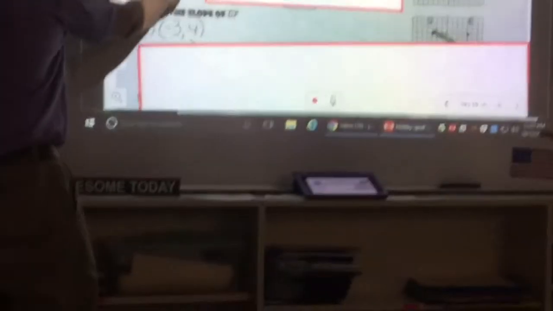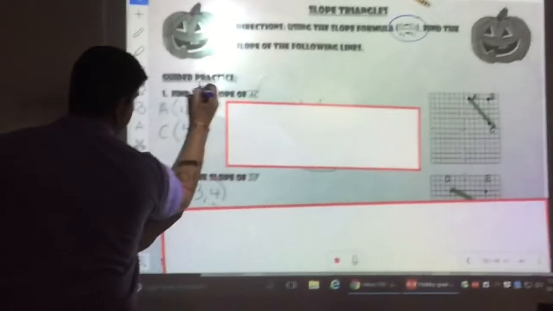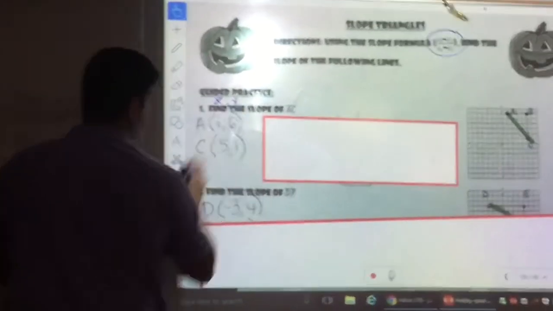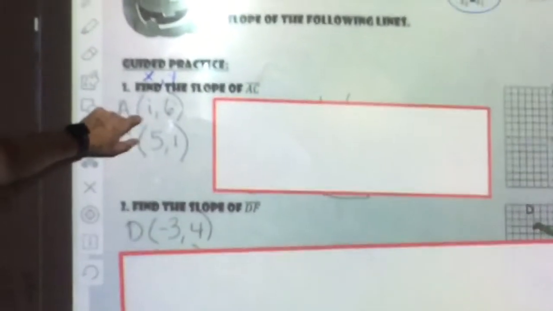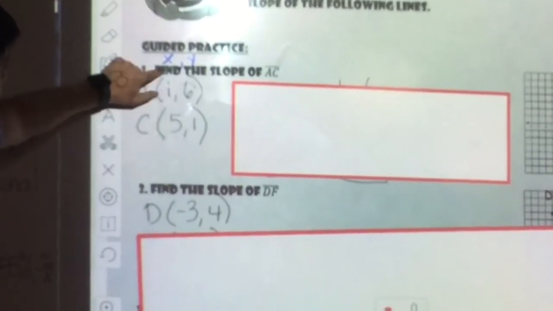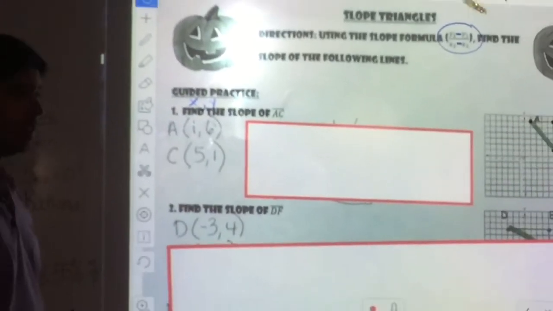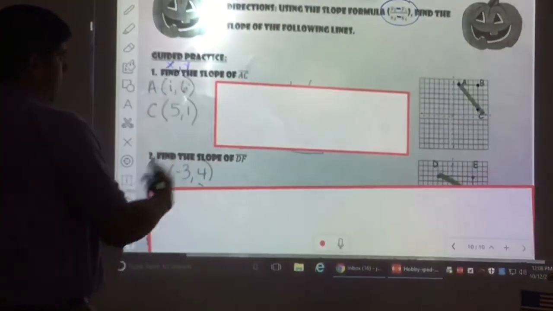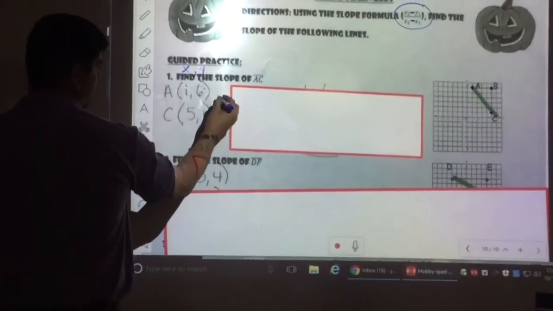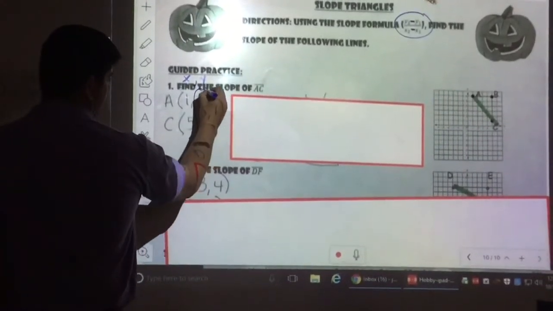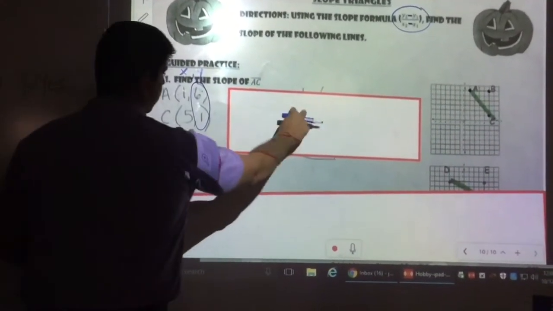Well, we have the 2 points. Now, from these points, we're going to take the 6 and the 1. These are my y coordinates. The x coordinates are in the front: 1 and 5 are the x's, and 6 and 1 are the y's. We're going to take the 6 and the 1 and put that on top of our fraction.